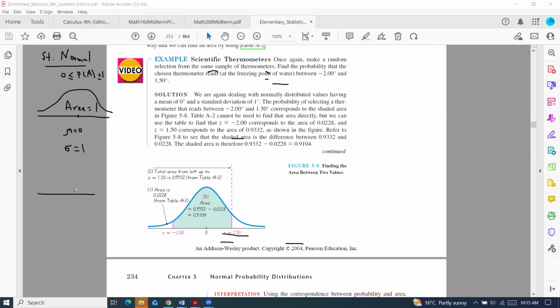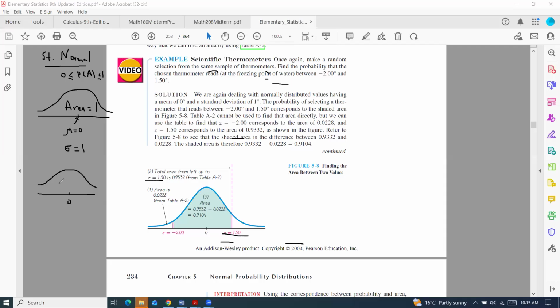So if you want to find, for example, the area from number -2, it turns out the 0 is the mean, and the mean is always in the center, the average. That's what I expect.